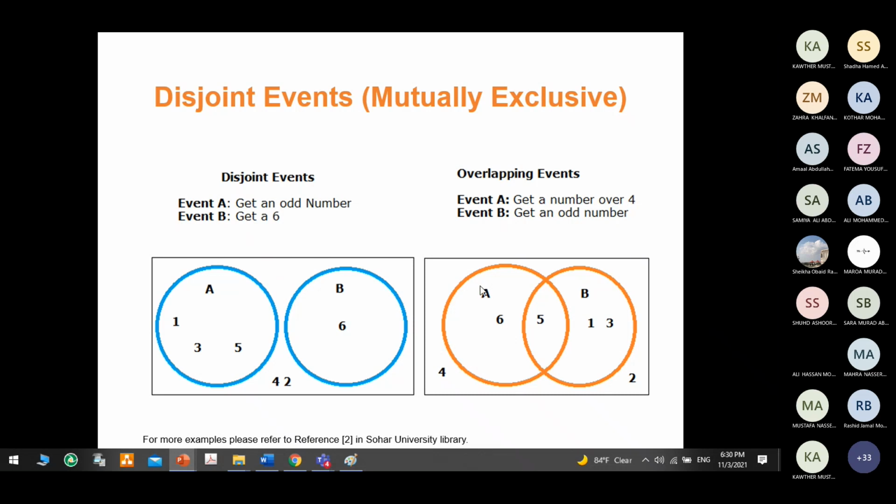As you can see here, A is 5 and 6. And event B, get an odd number. Odd number means 1, 3, and 5. So see here, 5 is available in A and available in B. They can happen together. We say these A and B are not disjoint events. They can intersect. They can overlap.